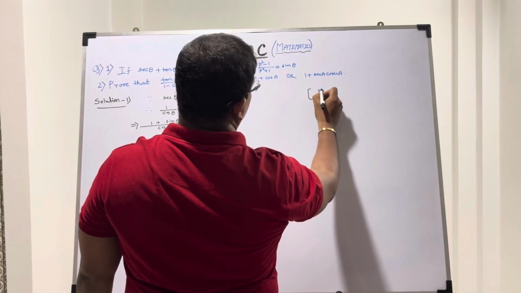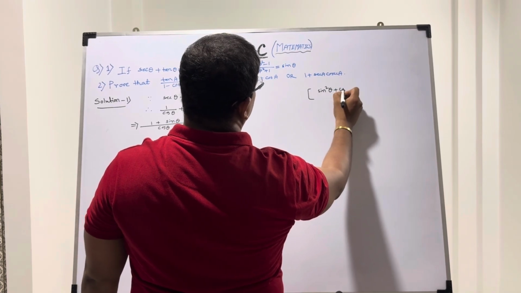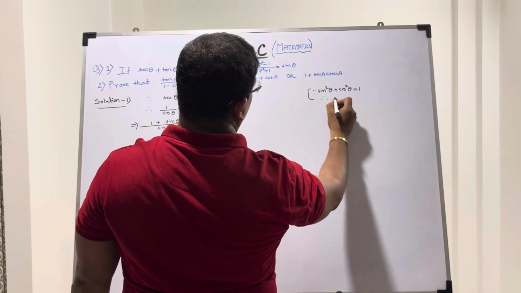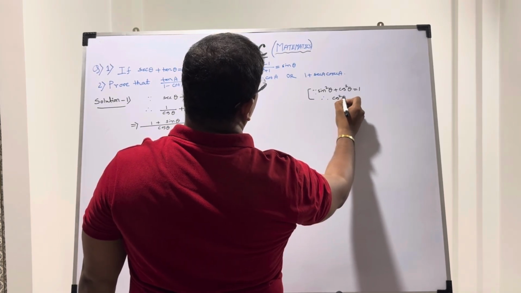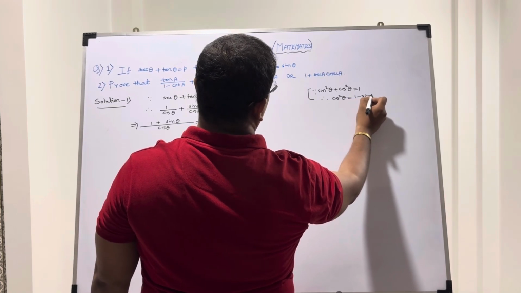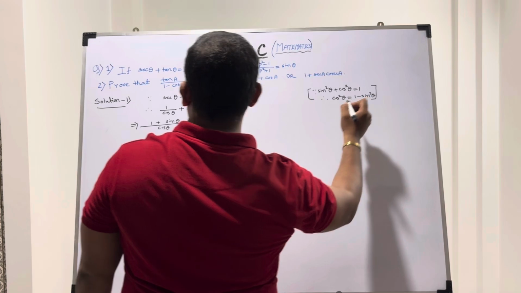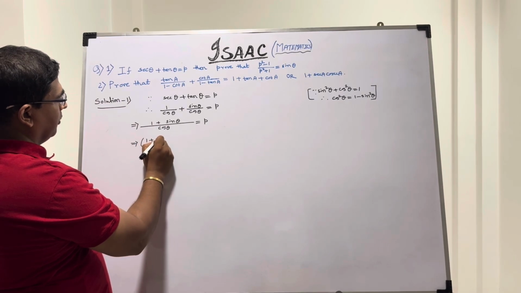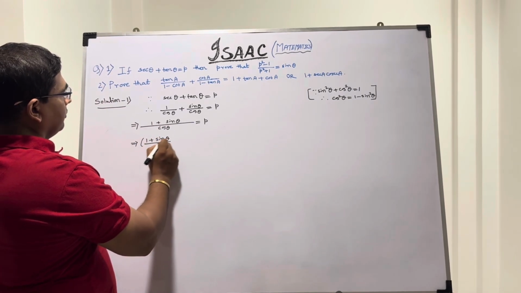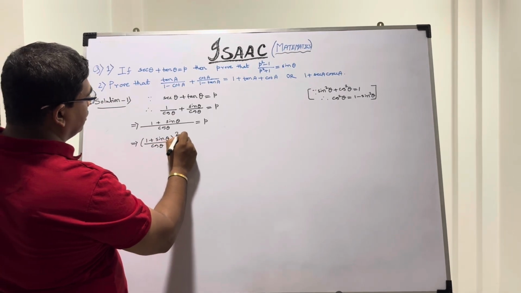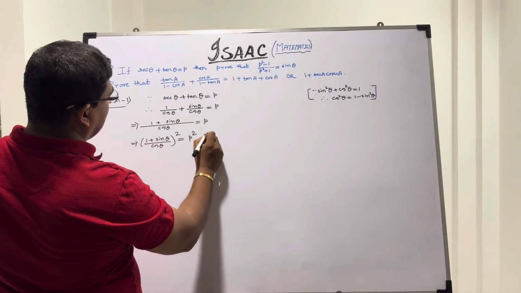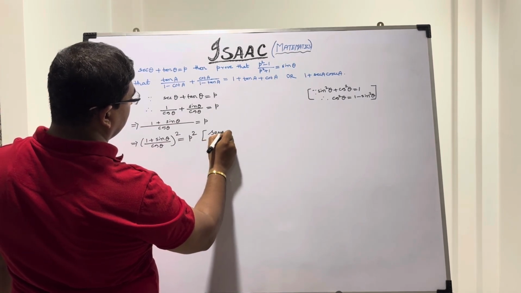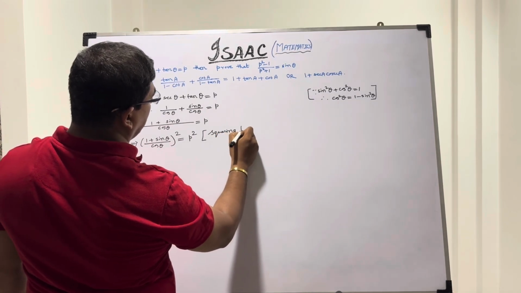We know sin square theta plus cos square theta equals 1. Therefore cos square theta equals 1 minus sin square theta. So, to make this cos square theta, we have to square both sides. Squaring both sides, we get (1 plus sin theta) divided by cos theta, whole square, equals p square.